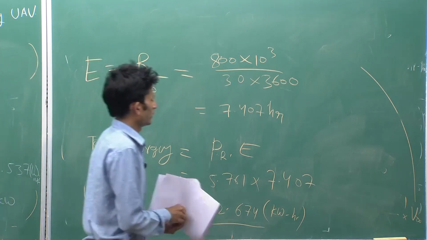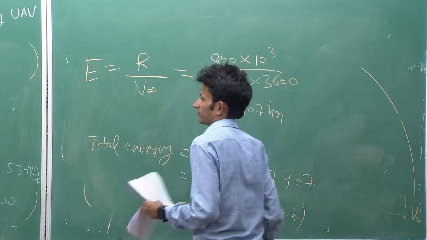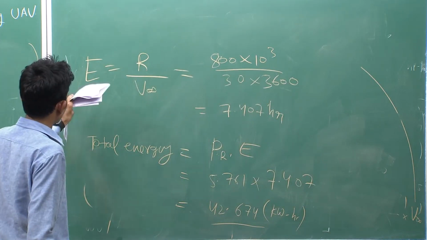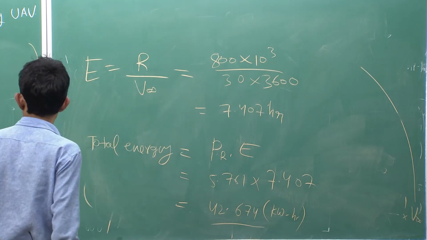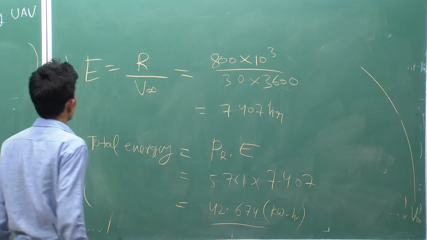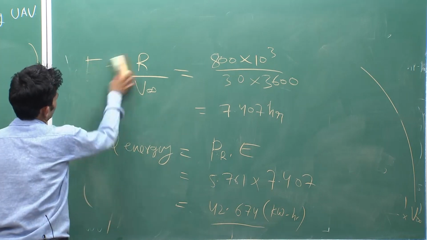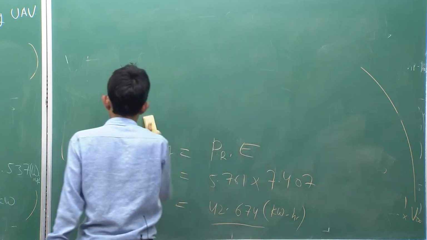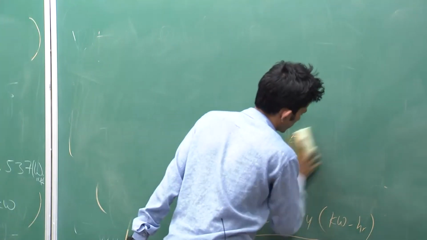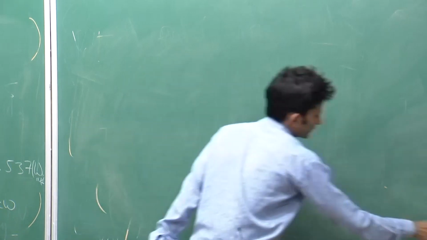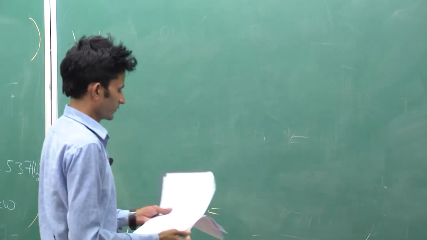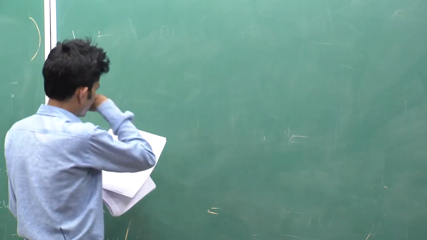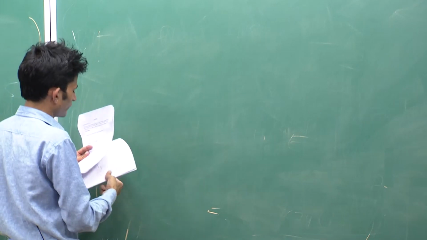So how much battery weight will be required if the total energy is this, the endurance is 7.407 and the range is 800 kilometer? The battery weight depends upon which battery you are choosing, means a specific energy is required in order to get the battery weight. So a specific energy of the battery is given.